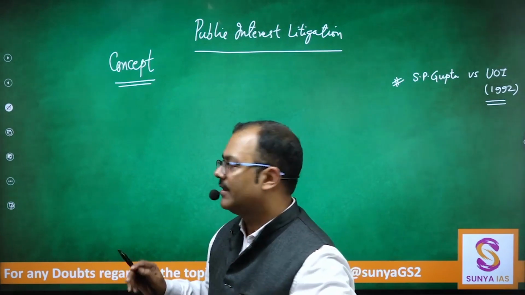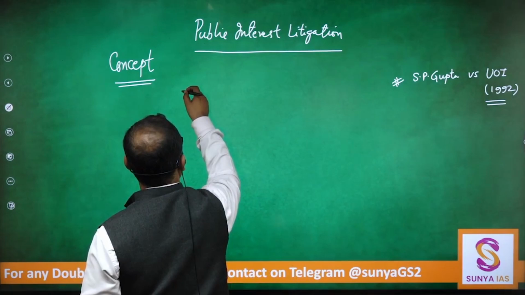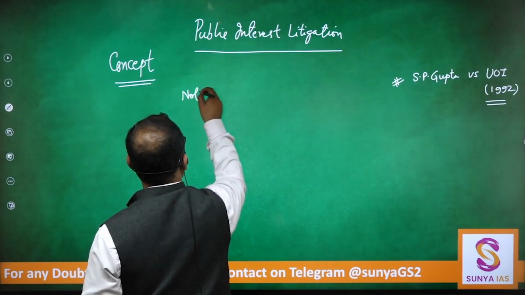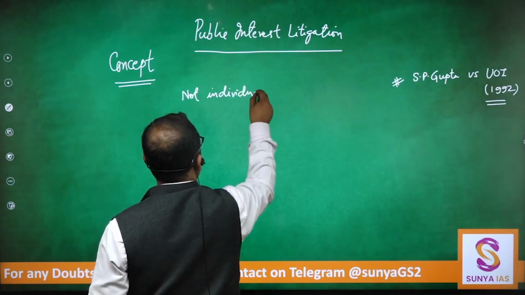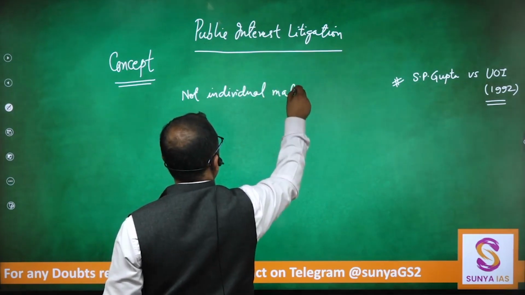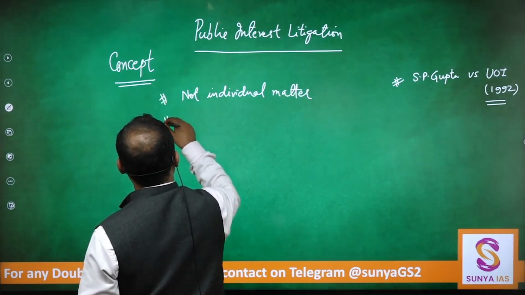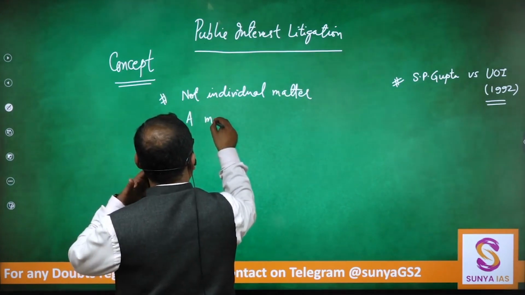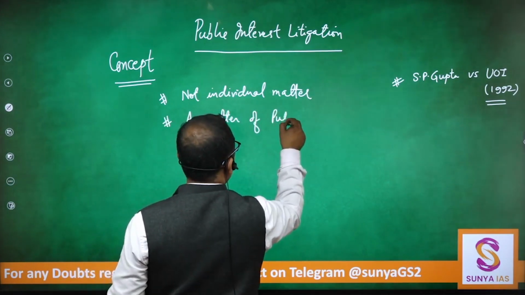So the first criteria in public interest litigation will be: not an individual matter, but a matter of public importance.